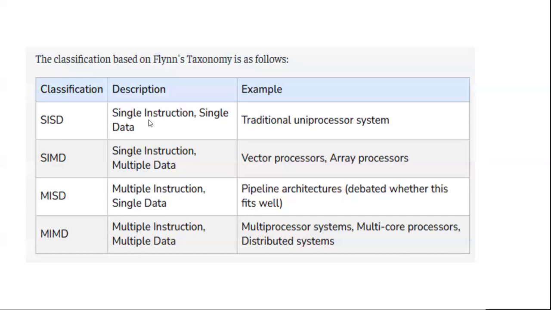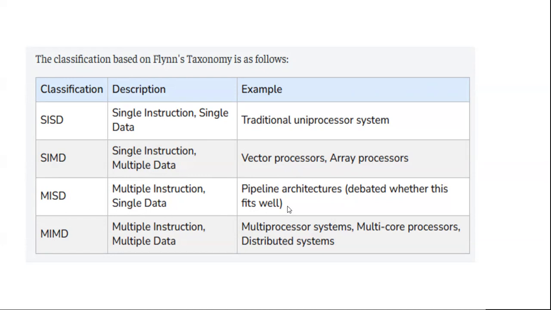SISD is nothing but single instruction, single data. That is traditional, used in the traditional uniprocessor system. SIMD means single instruction, multiple data, which is used in vector processors and array processors. MISD is multiple instruction, single data.